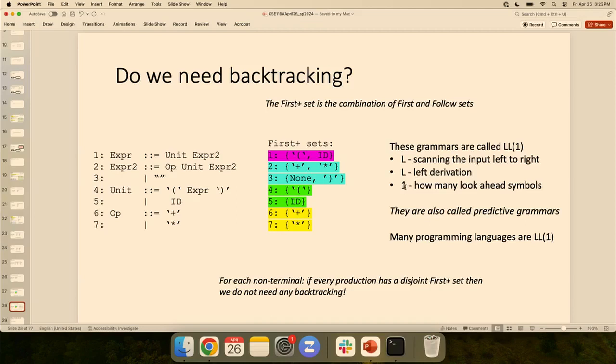Basically, how many tokens we need to have cached so we know which choice to make. Because we only need 1, this is LL1. These grammars are also called predictive grammars. And what's nice is that many programming languages are LL1. We're going to see that this makes writing our own parser not too bad.